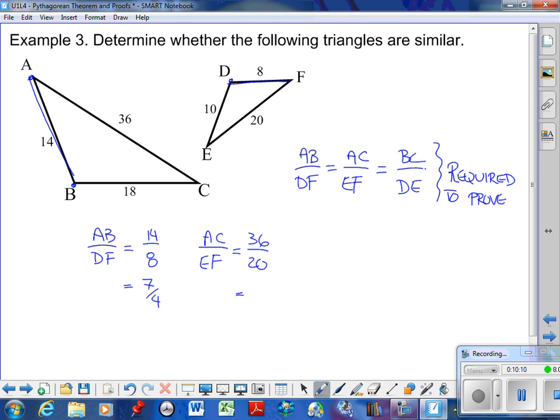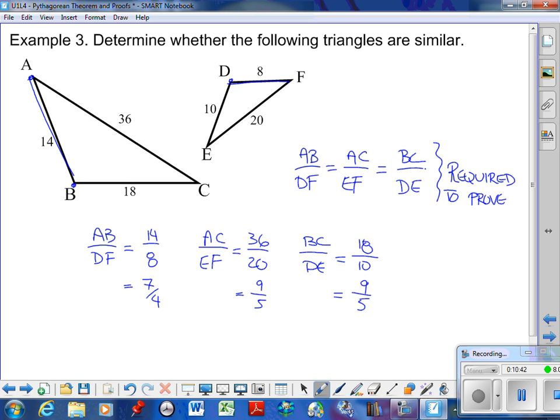Top and bottom, they'll divide by 4, so we end up with 9/5. And BC over DE is equal to, BC is 18, DE is 10. So when I reduce this one, I end up with 9/5.